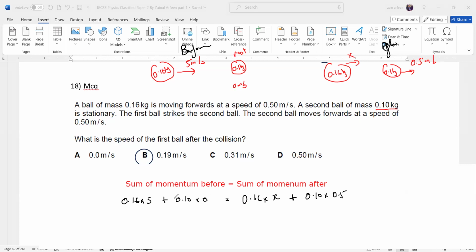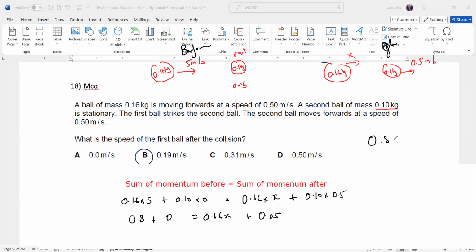Now we solve this. So we have 0.16, the mass, multiplied by 5, that is 0.8, plus this is multiplied by 0, so it will be 0. Then 0.16x, and then 0.1 times 0.5, that gives 0.05. 0.05 is added, so on the other side it will be subtracted.